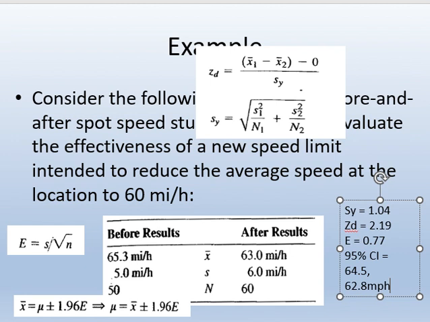Now you can see this range gives us 95% of the data, right? So 95% of the data is between 62.8 and 64.5. So the chance to get a value out of this range is only 5%.